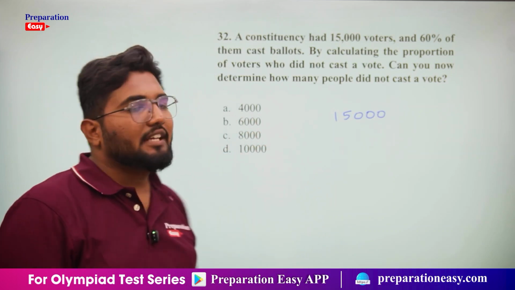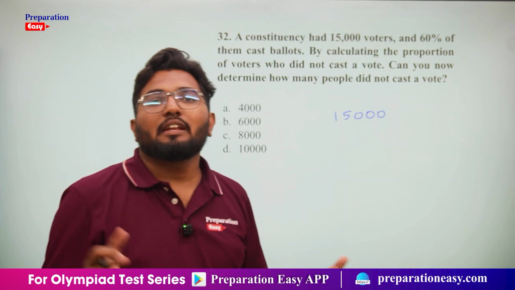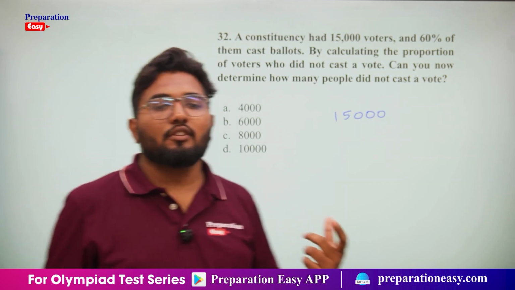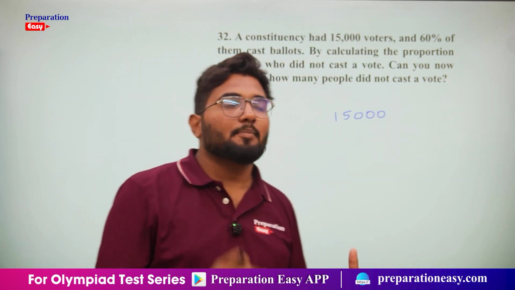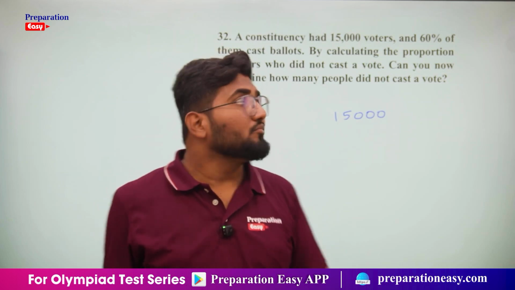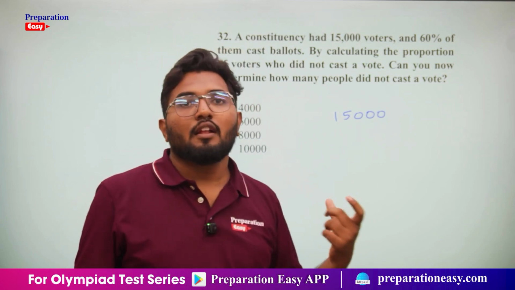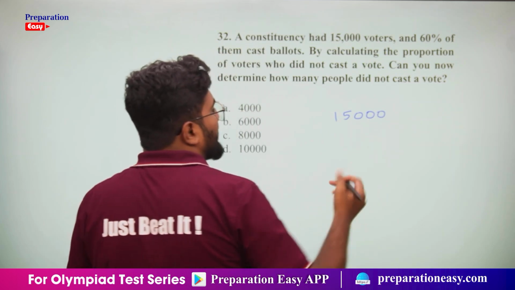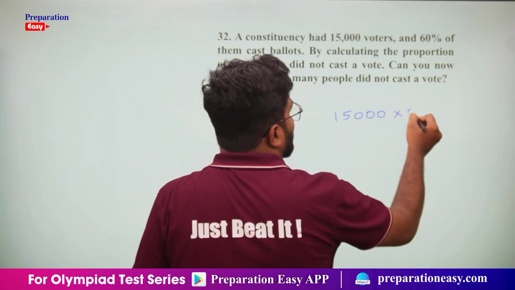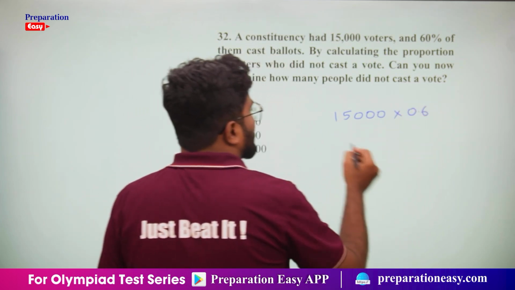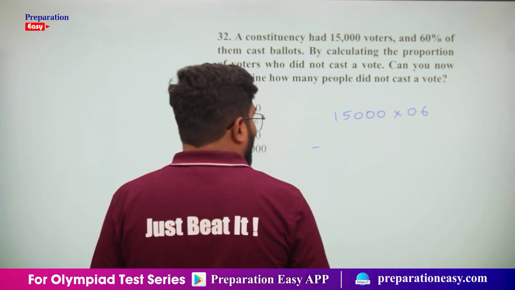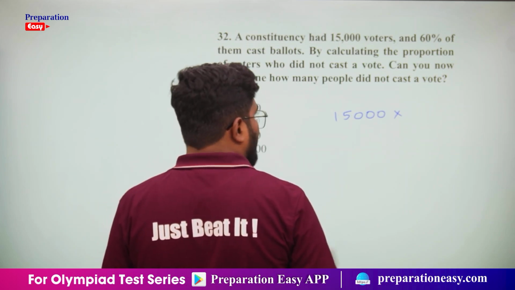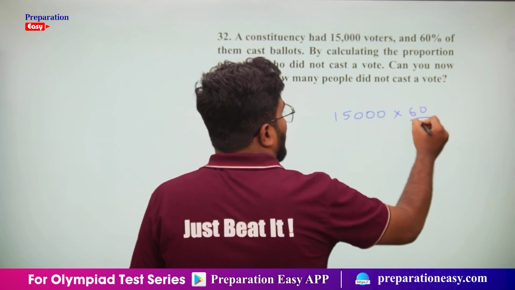Means 60% had voted and the remaining had not voted. So how to calculate that? First we will calculate 60% of 15,000, which would be equal to 15,000 multiplied by 0.6, or simply 60 upon 100.